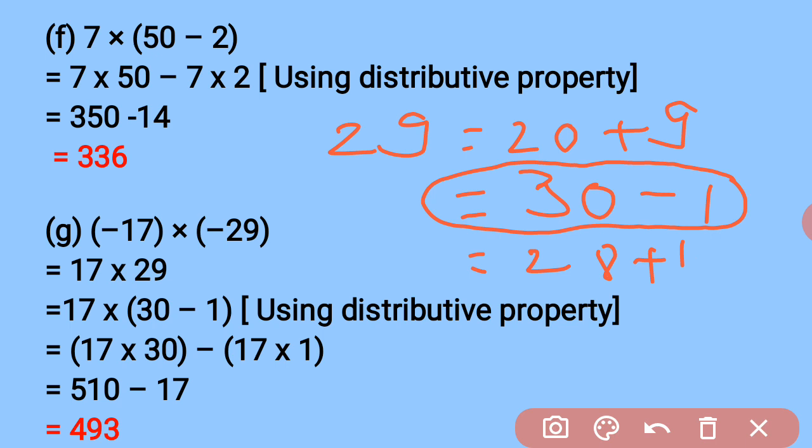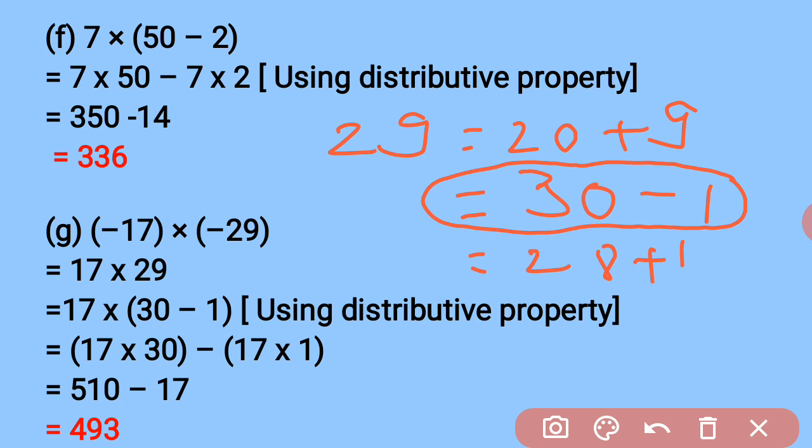Here we have just selected this 30 minus 1. Why we have selected this particular thing? Because multiplication of 17 by 30 will be easy. Multiplication of 17 by 1 again will be easy. So out of the list of expansions, you will only select the one which is the easiest.